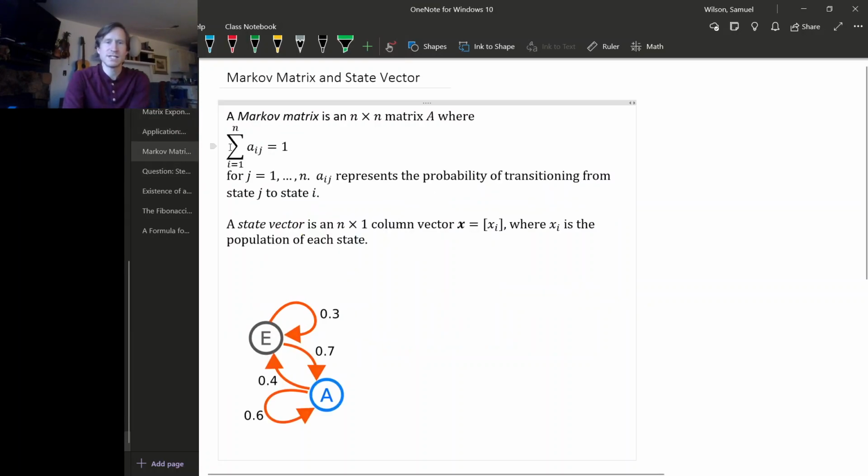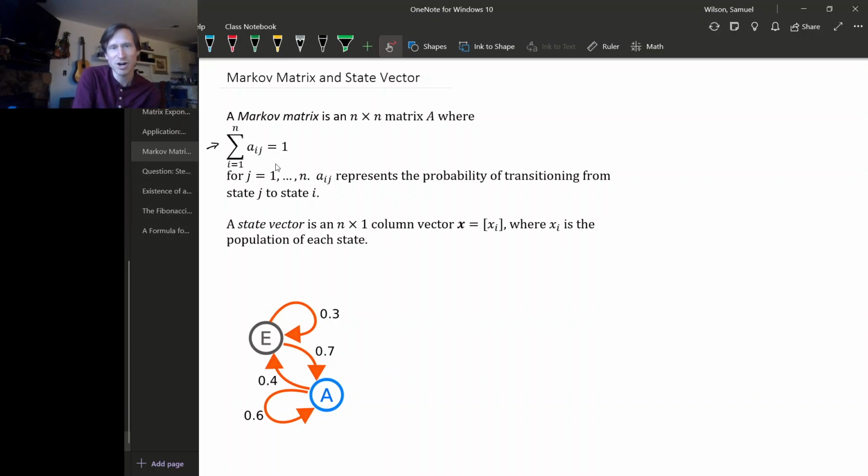All right, so a Markov matrix is just a matrix corresponding to a Markov process, right? Down each column, if you sum down each column, you have to get 1. But remember, in the original setup, we had some things that were in states, and the diagram just told us how you move from state to state.